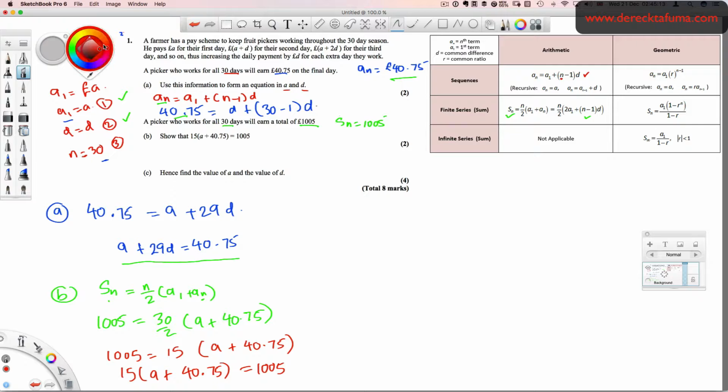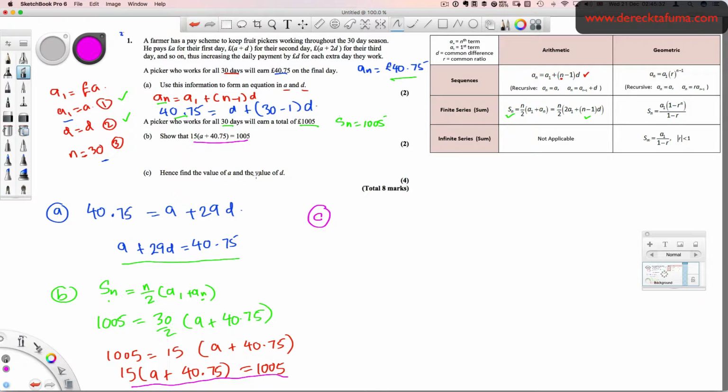Okay, so we've shown that. Let's underline this. On to the next one.